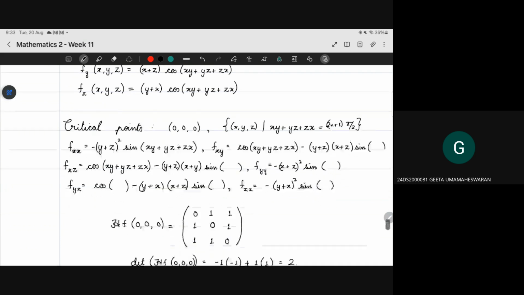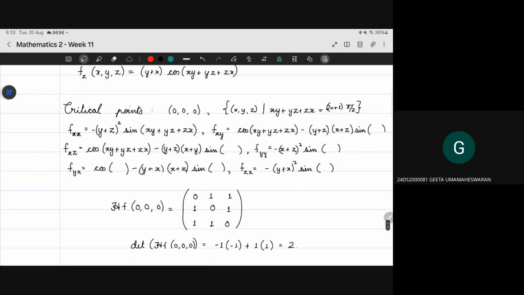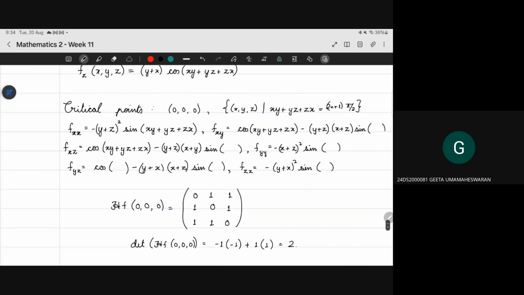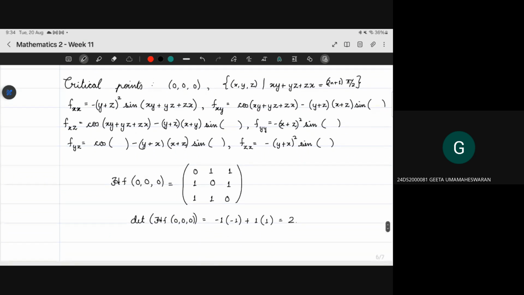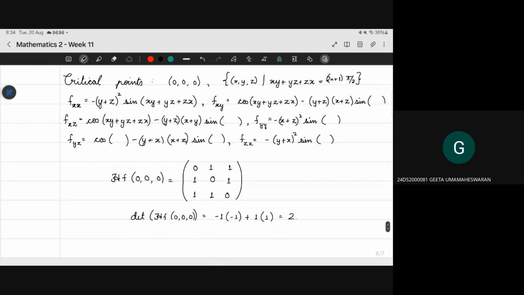So even though all of these expressions might look big and nasty, as soon as I have this condition xy plus yz plus zx equal to (2n plus 1) pi by 2, everything gets simplified. So cos terms will vanish and the sine terms will become 1 or minus 1, depending on whether it is 2n pi plus pi by 2 or 2n pi minus pi by 2.